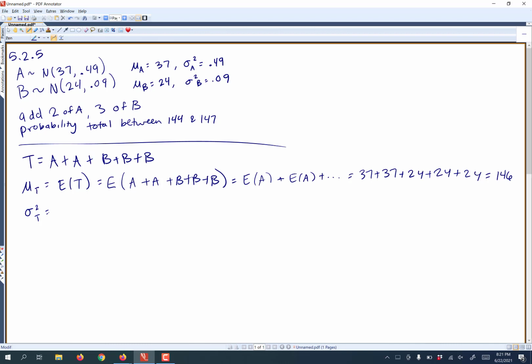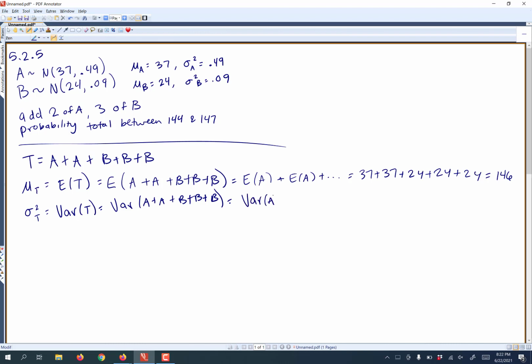Now we need to find the variance of T, because we don't know rules to find the standard deviation if we add them together, but we do for variance. So basically we want the variance of T, which is going to be the variance of A plus A plus B plus B plus B. So this is my process every time. Make the new random variable, find the new mean, find the new variance. Even though this is something we learned so long ago, these rules are very useful, and I write it out every time.